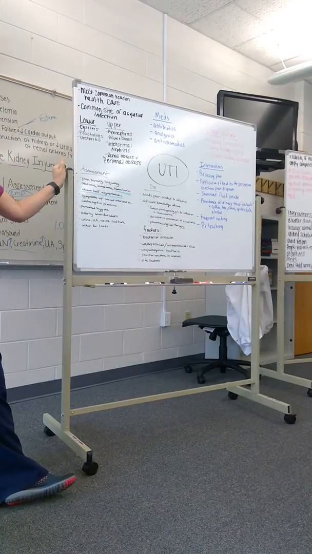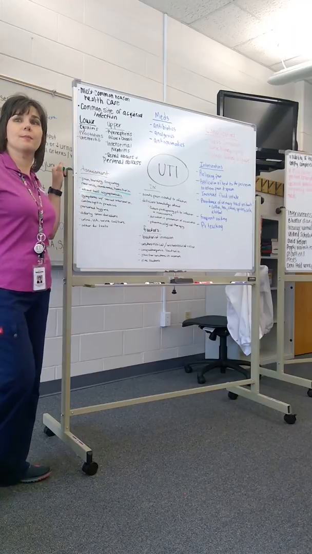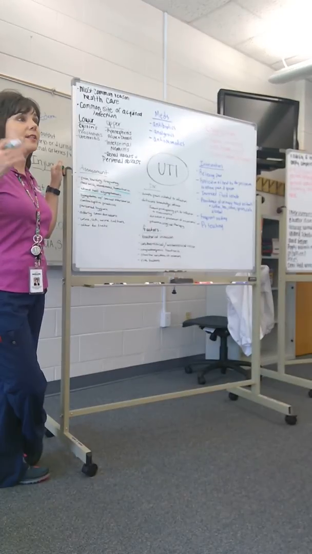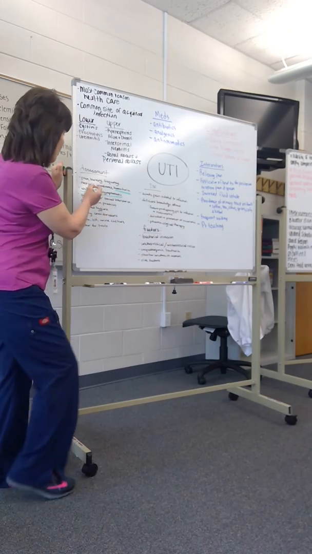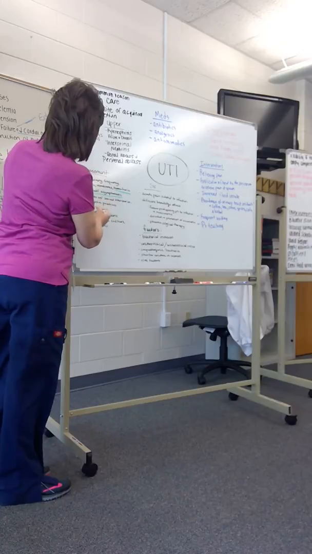Because they have nephropathy or neuropathy, their pain sensation is not as good as someone who doesn't have diabetes, okay? So they may be asymptomatic until the infection gets so bad that they can even be to the point of sepsis, okay? So we can see asymptomatic.